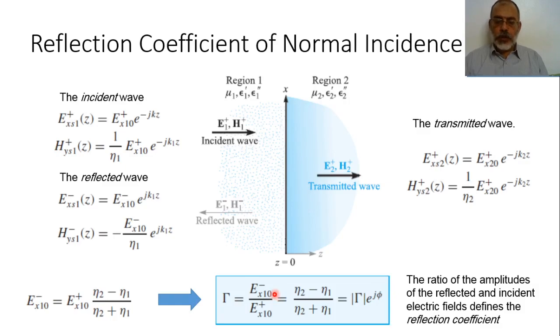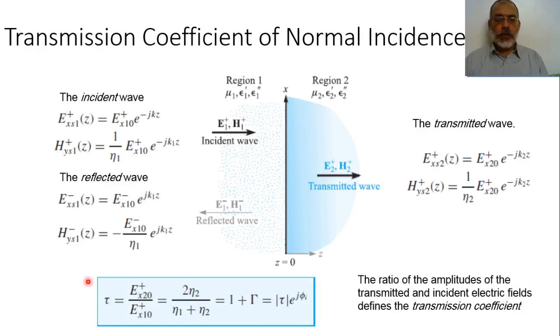Or in other words, we can say that the transmission coefficient, which corresponds to the ratio of the transmitted field to the incident field, would equal 1 plus gamma. How does it come? Effectively, Ex2 plus can be represented as Ex1 plus plus Ex1 minus. So Ex1 plus over Ex1 plus is 1, and Ex1 minus over Ex1 plus is gamma.